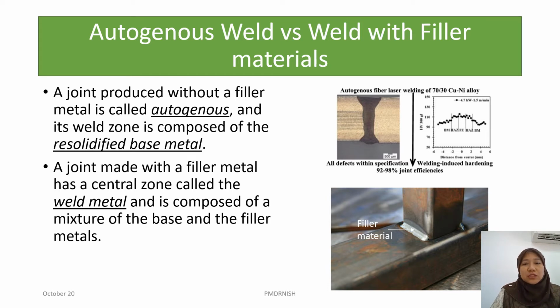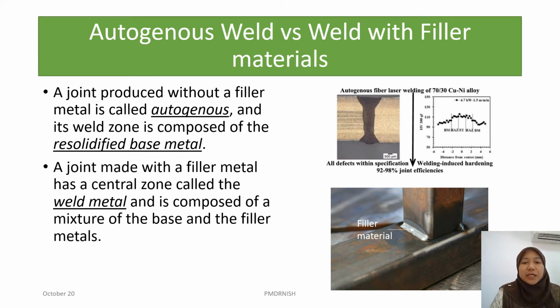So if you are using a similar material for the base plates, then only the material from base plate 1 and base plate 2 mix together, melt and then resolidify. If you use dissimilar materials for the base metal, then the fusion zone will consist of the resolidified base metal from material 1 and material 2.